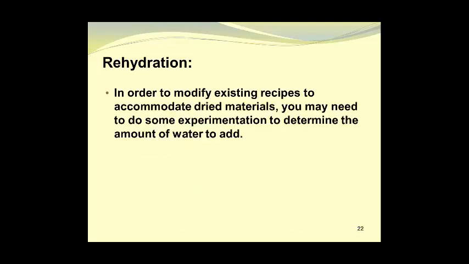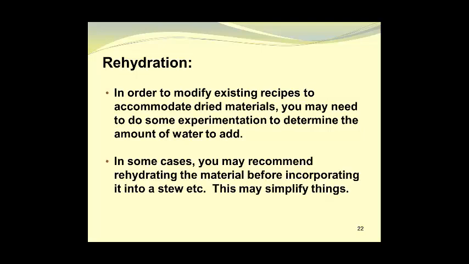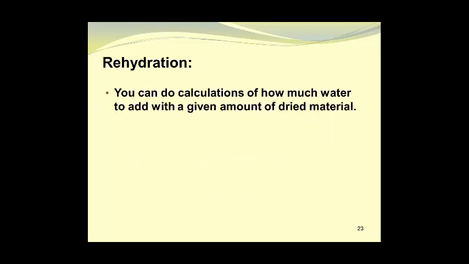So in order to modify existing recipes to accommodate dried materials, you may need to do some experimentation to determine the amount of water to add. In some cases, you may recommend rehydrating the material before incorporating it into a stew, etc. This may simplify things greatly.